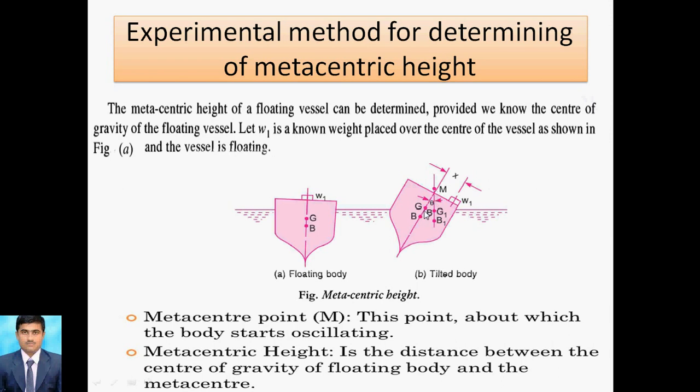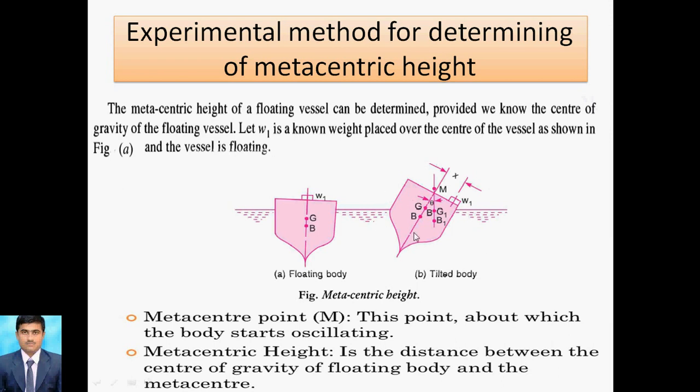G is the center of gravity and B is the center of buoyancy. These shift to a new position, from G, B to G1, B1. So G1M is the shifted metacentric height, and GM is the original metacentric height.